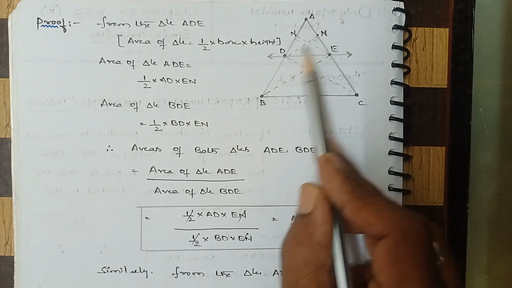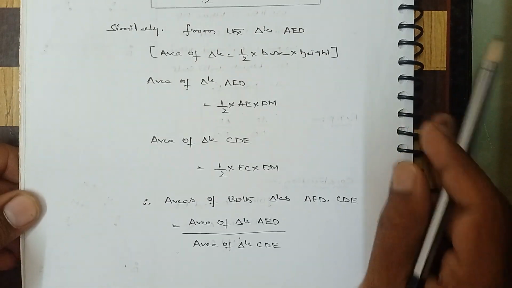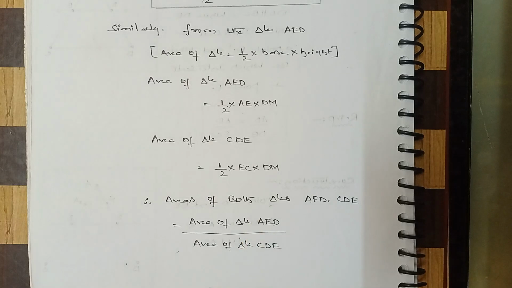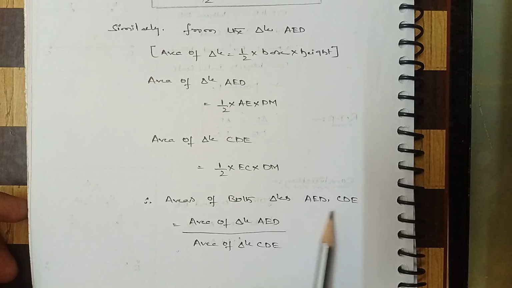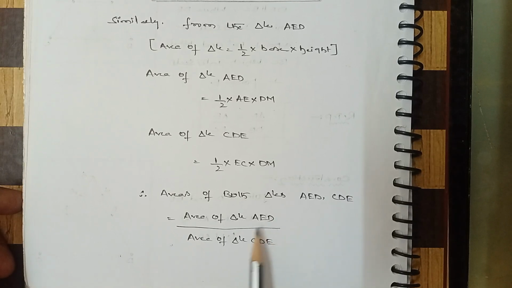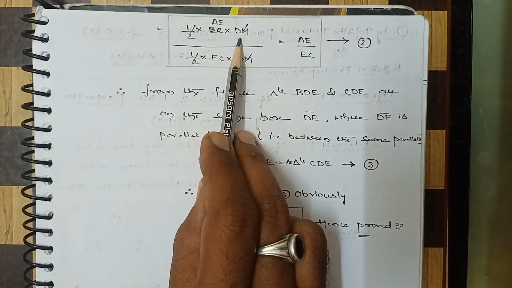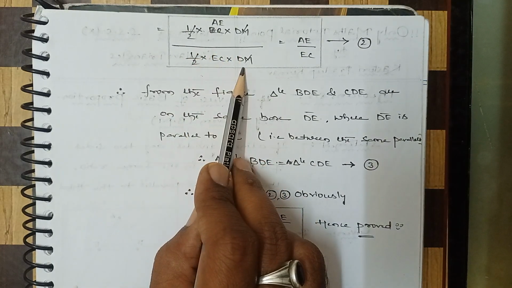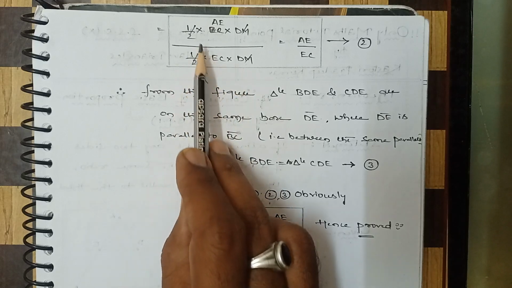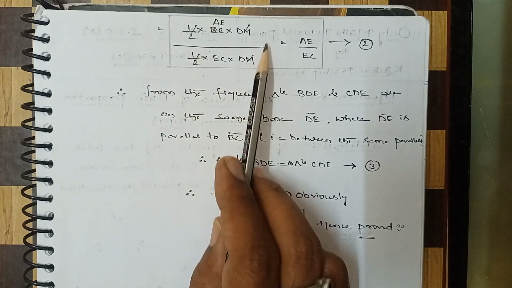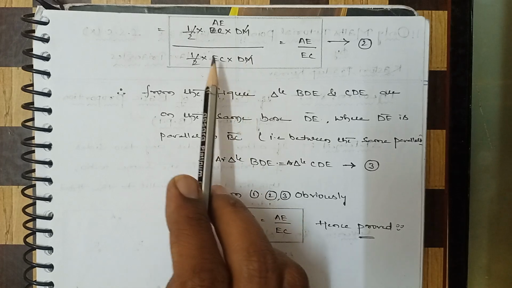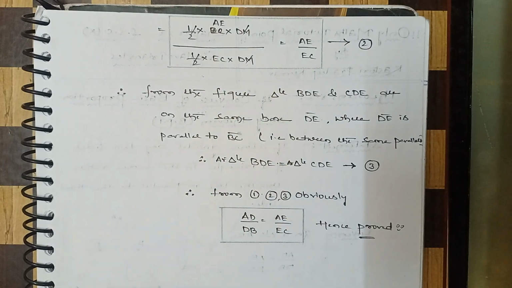Now comparing the areas of triangles AED and CDE, we get half into AE into DM by half into EC into DM. Cancelling like terms, half gets cancelled and DM gets cancelled. What is left is AE by EC. That is equation 2.